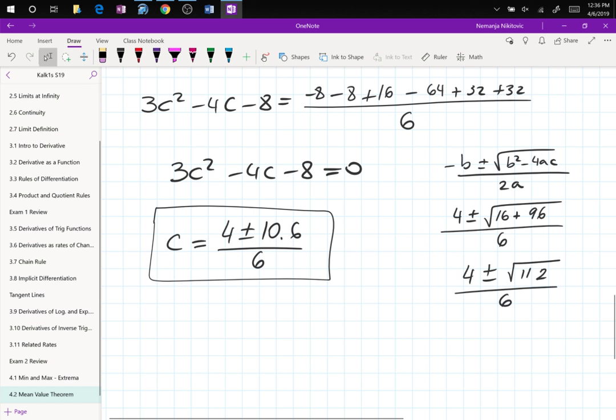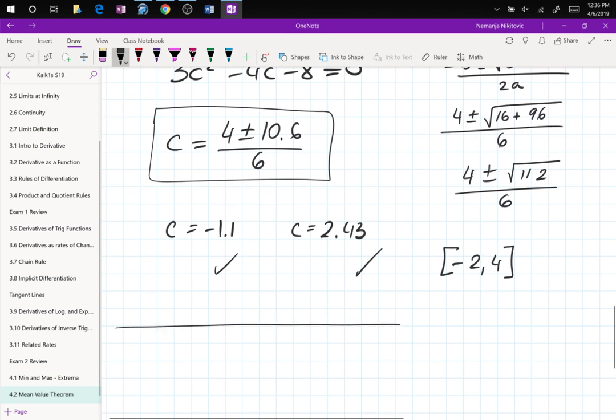So 4 minus 10.6 divided by 6 is negative 1.1, and the other one is 14.6 divided by 6, 2.43. And my interval for this problem is negative 2 to 4, so we keep both because it's in the interval. Great. So we can calculate c.